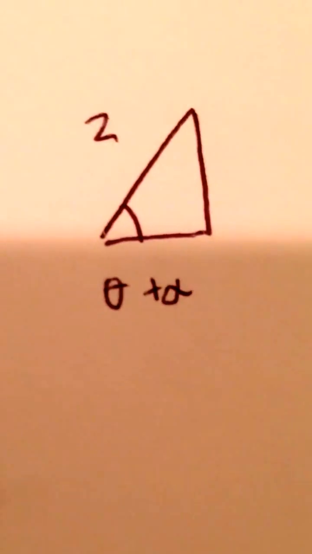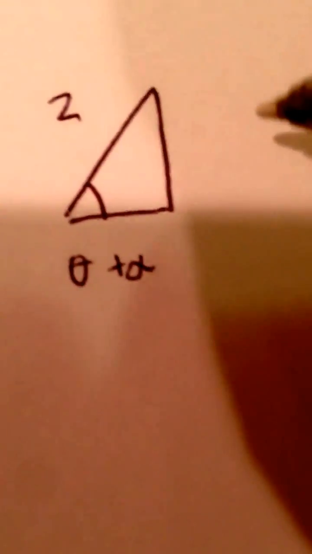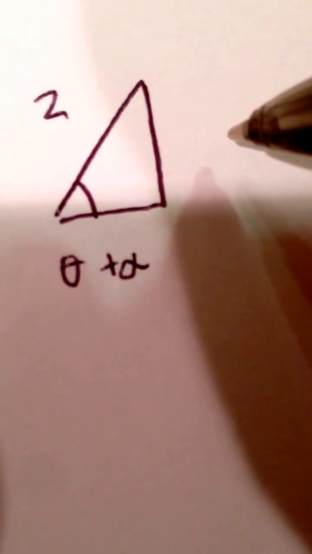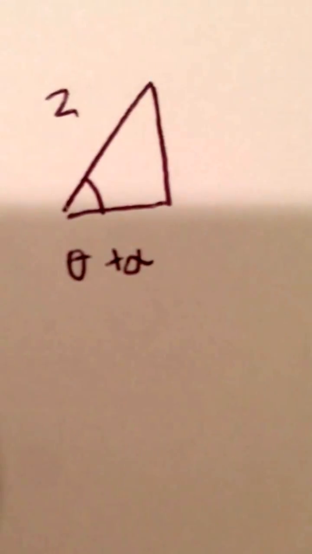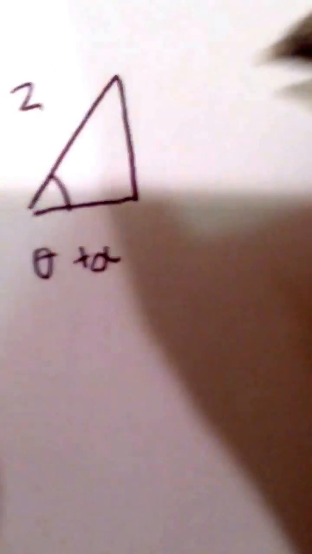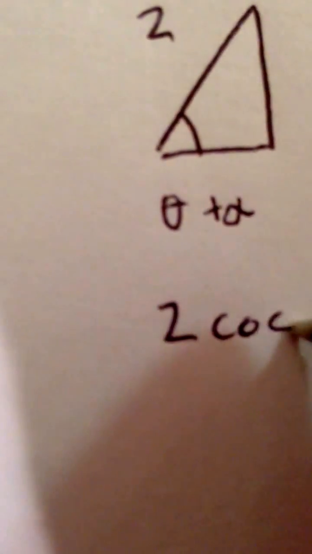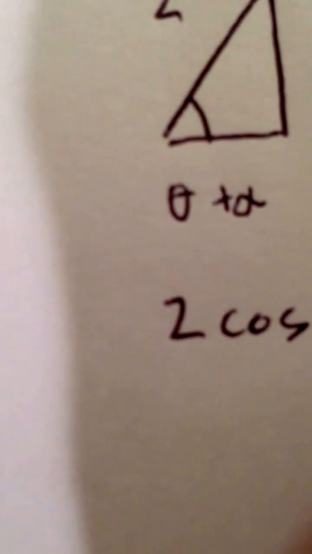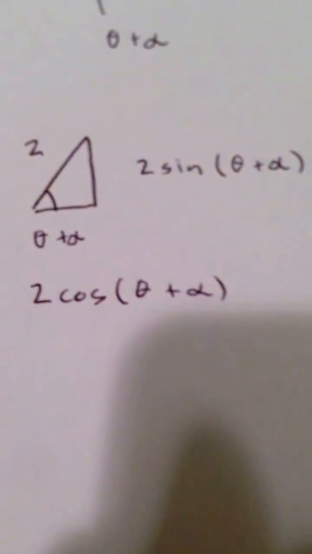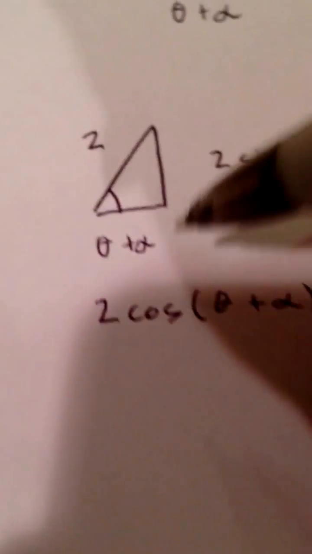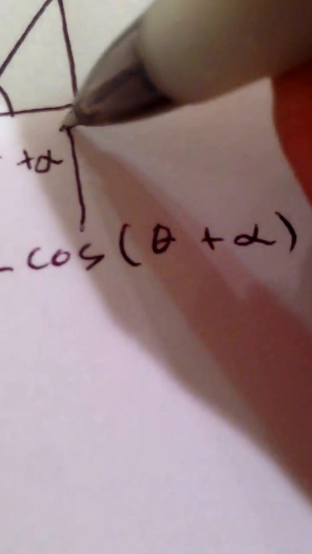If you think about it the same way, since this is the opposite side, and sine is opposite over hypotenuse, we get 2 sine of theta plus alpha. And by the same token, we get 2 cosine of theta plus alpha for the other side. So this is that side, that is that side.